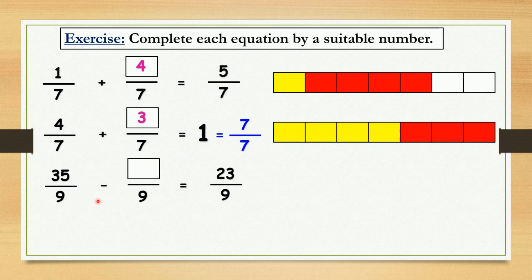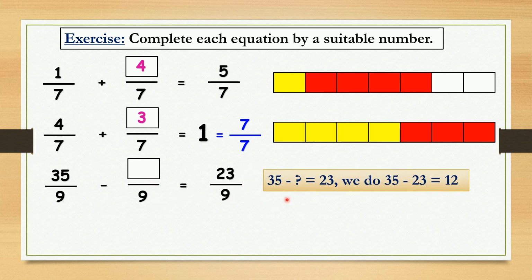Next: 35 over 9 minus which number over 9 equals 23 over 9? So here I ask myself, 35 minus what equals 23? So we do 35 minus 23 to find the answer, and it's equal to 12. So here also we don't have any problem with the denominator.